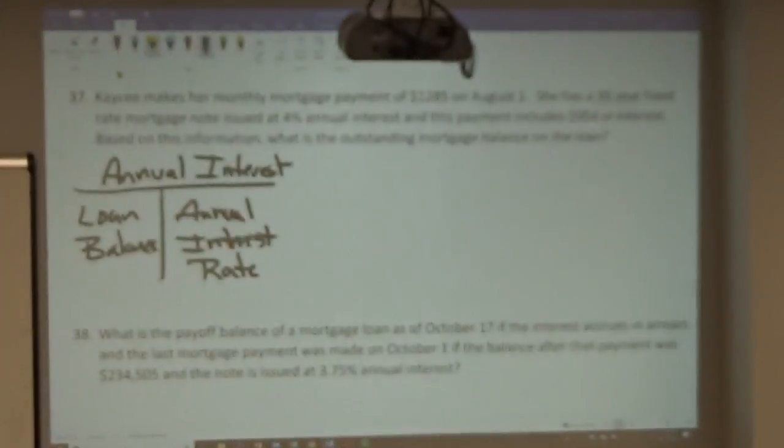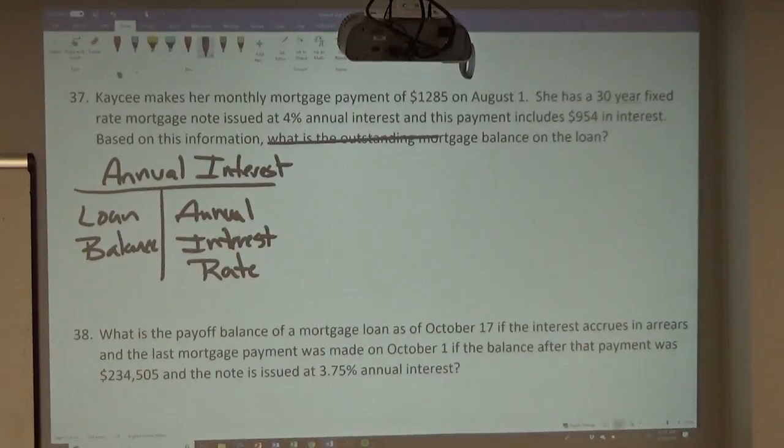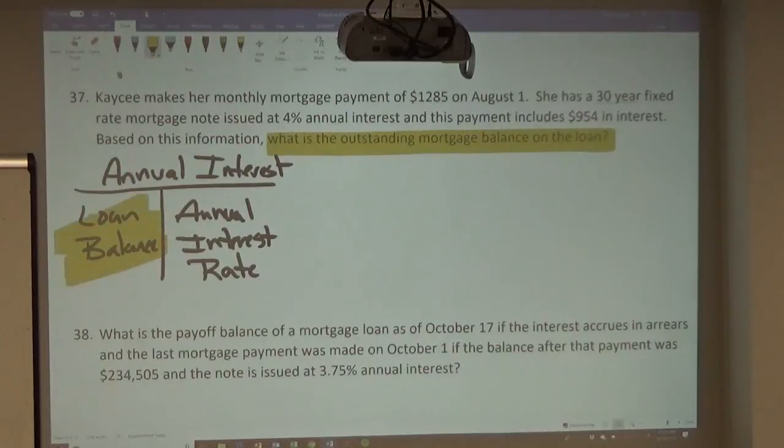Look at the question. They want to know what is the outstanding mortgage balance on the loan. That's right here. So the T-bar says we need annual interest divided by the annual interest rate.